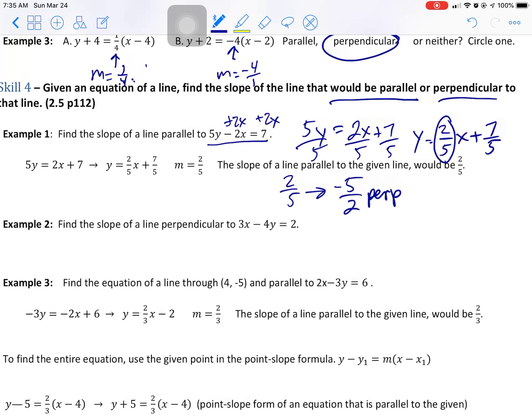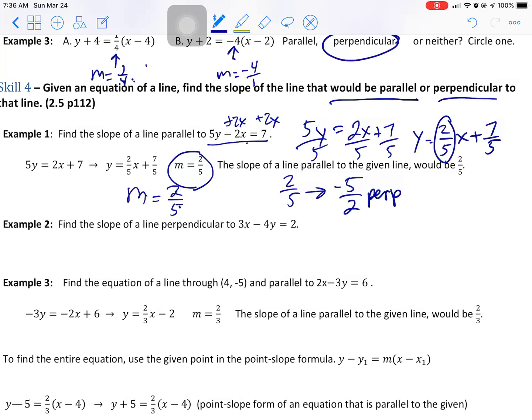So if right here, if m equals 2 over 3, then a line that would be parallel to it would have a slope that is 2 over 5. M is 2 over 3. A line that would be parallel to it would also have a slope that is 2 over, why can't I say 5?